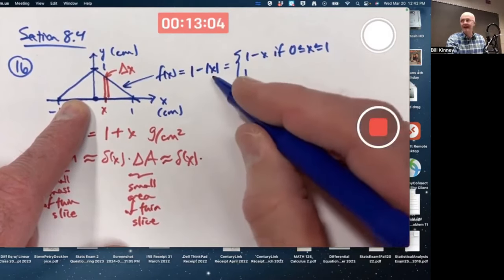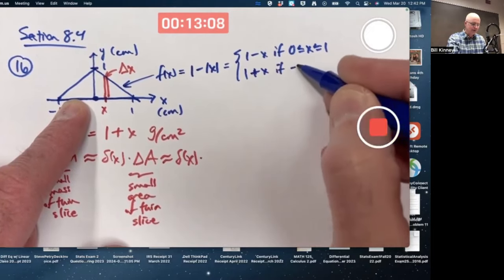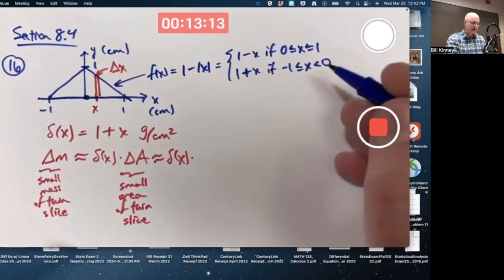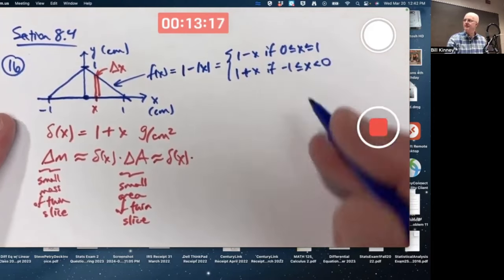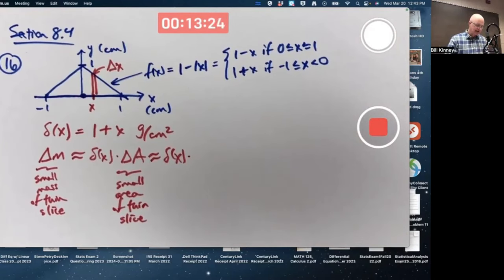So you get a 1 plus x if x is between -1 and 0. It doesn't matter whether you include 0 in the first formula or the second, because they have the same value at x equals 0. So that is the height.